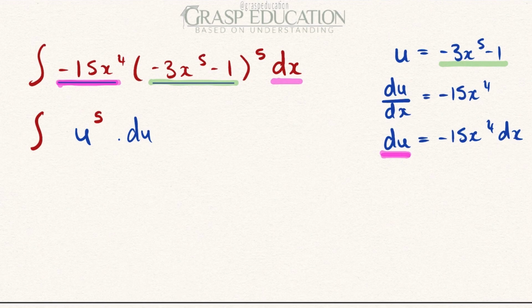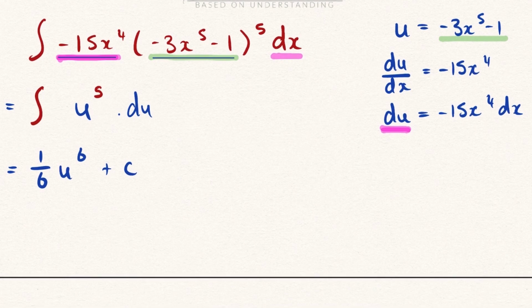By taking the integral of this, I get 1 over 6 u to the power of 6 plus c. Now I can replace u over here with what I represented u with in the beginning. So therefore, this would equal 1 over 6 (minus 3x to the power of 5 minus 1) to the power of 6 plus c.